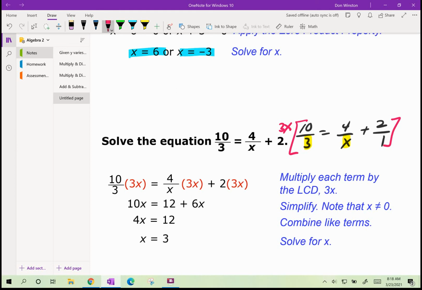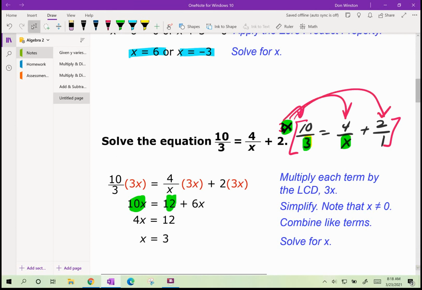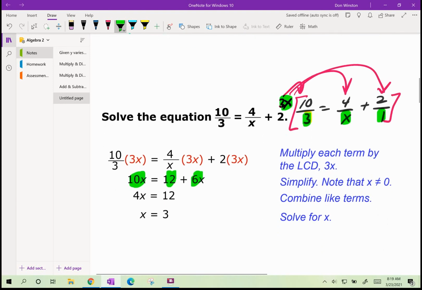Then we just divide and multiply. 3x divided by 3 is just x, and x times 10 gives me 10x. 3x divided by x is 3, and 3 times 4 gives me 12. Again, we're just distributing everything. Finally, 3x divided by 1 is 3x, times 2 gives me 6x. Subtract 6x from both sides, I get 4x equals 12, so x is equal to 3.